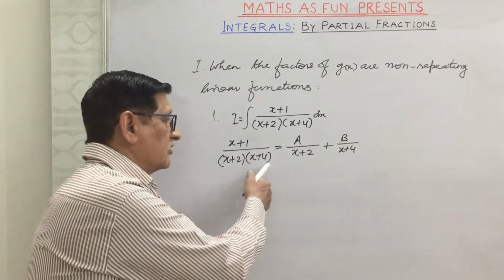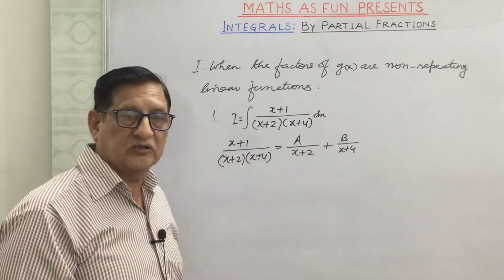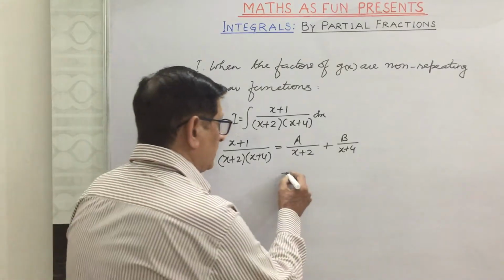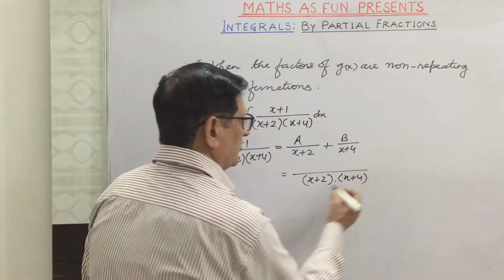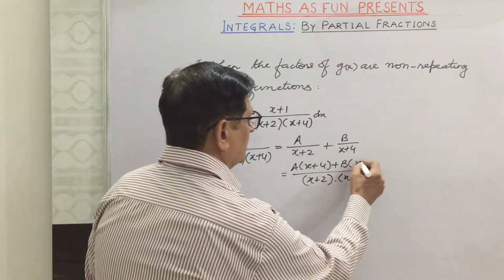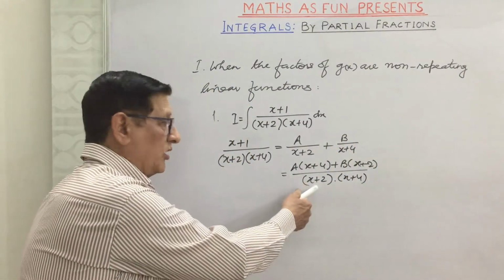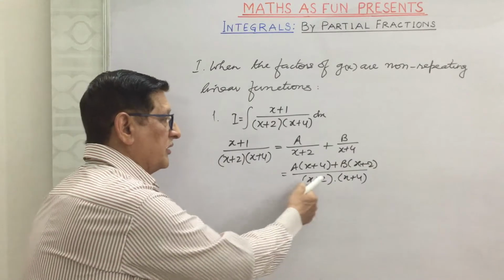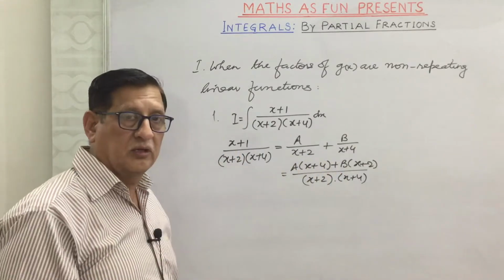Because when the factors are linear, then we will have only the constant in the numerator of each fraction. Taking the LCM, we get here (x plus 2)(x plus 4), and it will be A into (x plus 4) plus B into (x plus 2). Now we know these two fractions are equal, their denominators are equal, it means their numerators should also be equal.